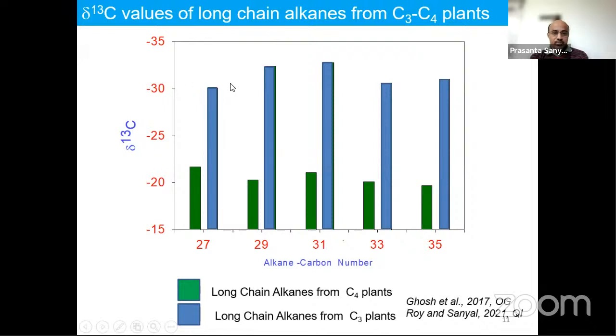And for the C3 plant, the average value is around minus 30 per mil. So as these two different alkanes are characterized by distinctly different isotopic composition, one can actually use this isotopic composition to understand the vegetational pattern, or how the vegetations have evolved with time in a place.